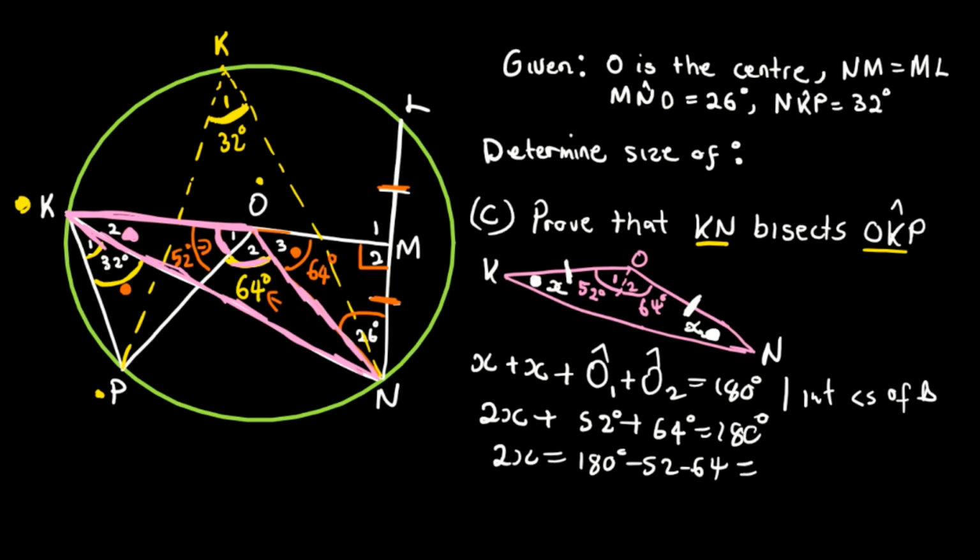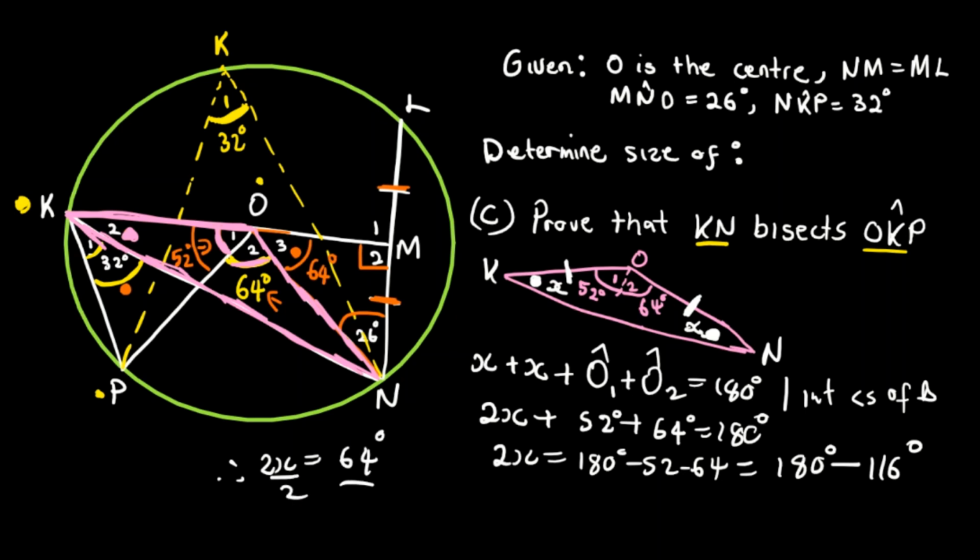Now we have 180 degrees minus 116 degrees, and therefore 2x is equal to 64 degrees.